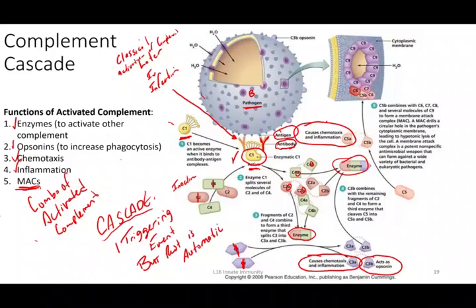But what's most important to realize is that the membrane attack complex forms a hole in bacterial membranes. So there's a hole, and that leads to lysis of the cell. So these are supposed to represent a bunch of holes formed by the membrane attack complex that comes from activated complement.